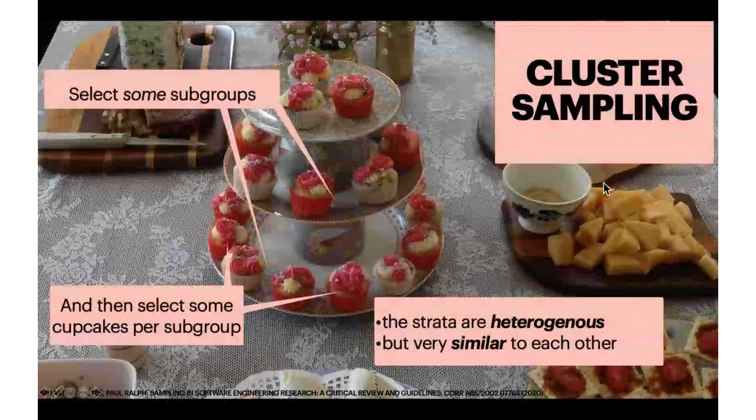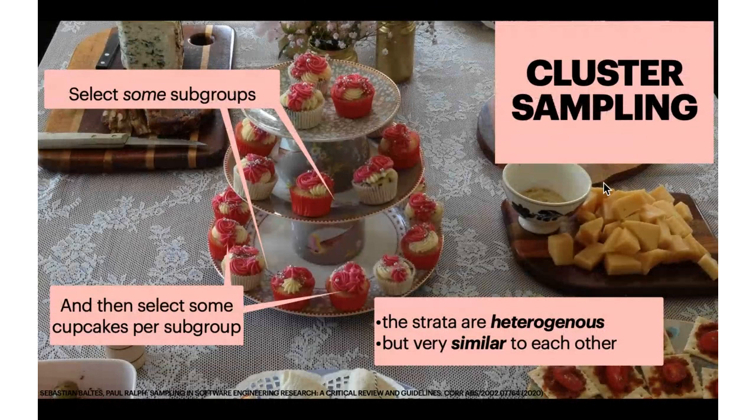Another form of multi-stage sampling is cluster sampling. So in cluster sampling, the sampling frame is divided into groups and items are drawn from a subset of those groups. So let's say the same story of a morale survey.